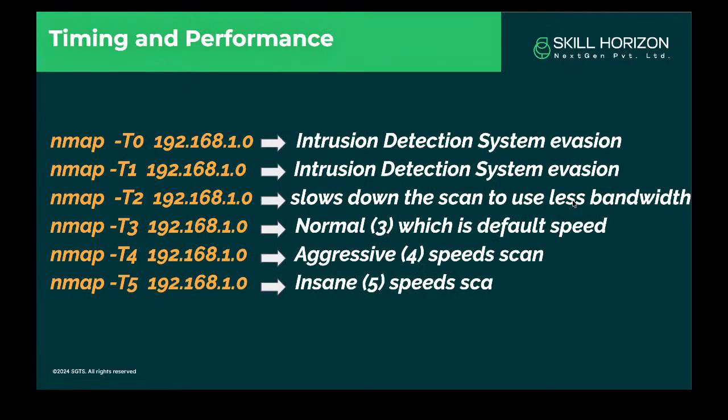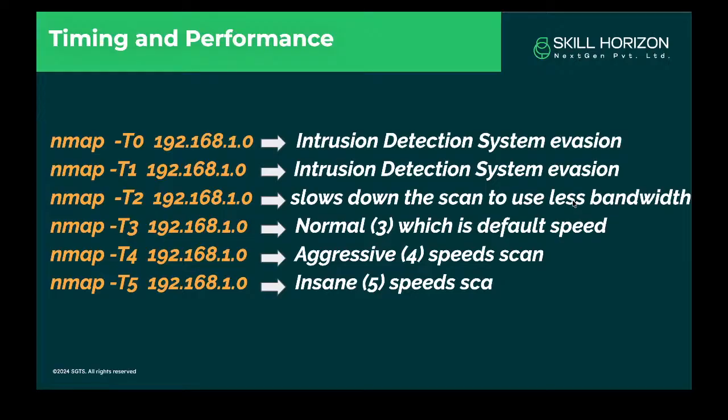Now, if you want to change the timing and performance of your scan, then you can use the option -T, and then you can define the intensity level. There are levels from 0 to 5, and your default level is 3. So whenever you run Nmap, the level 3 speed will be used.